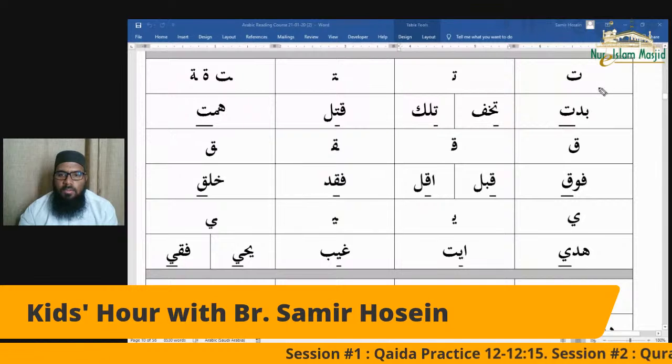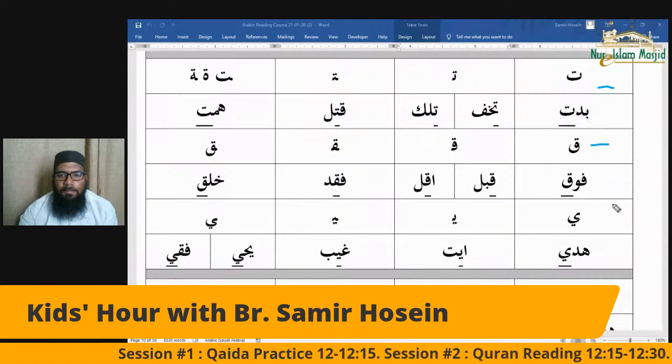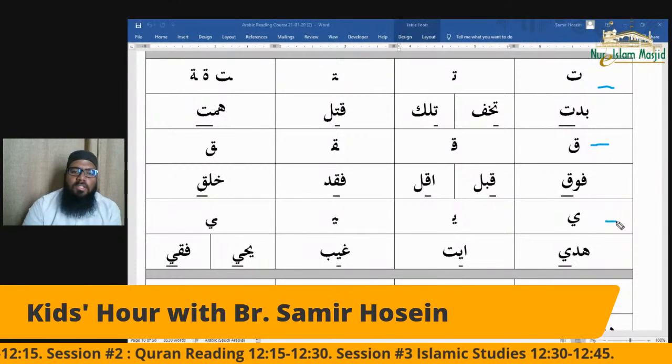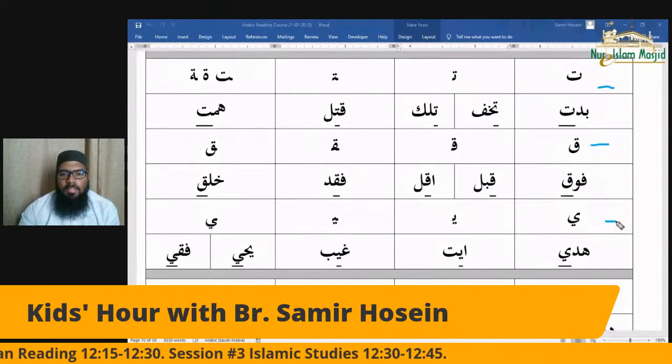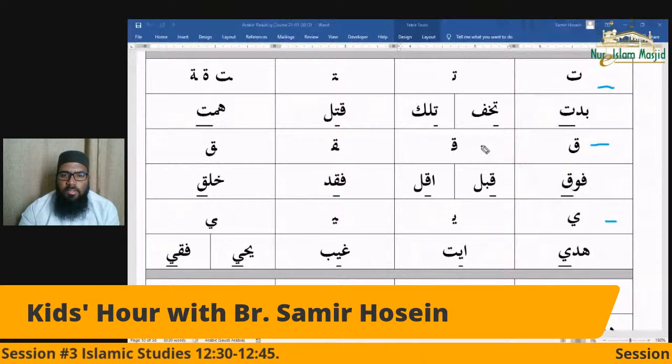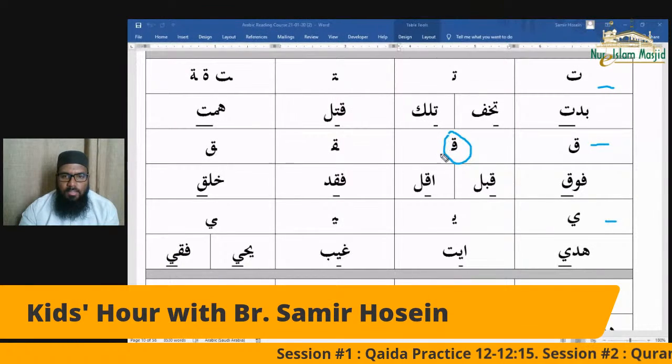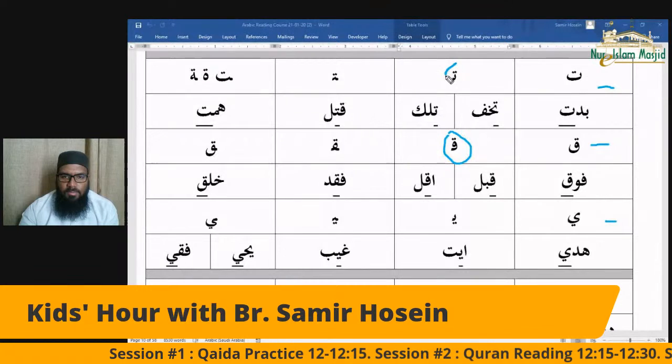ta, qaf, and ya. And we mentioned that for students, the very important aspect is remembering that qaf is a loop letter, so it has a very different shape than the other two letters, ta and ya.